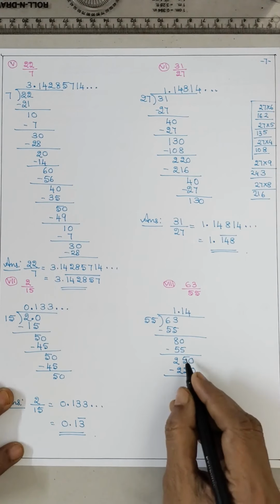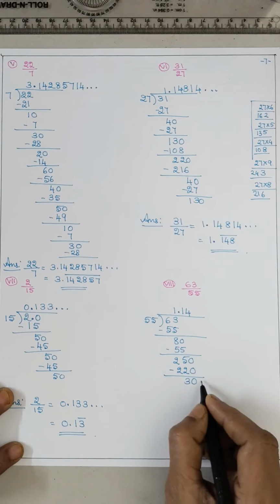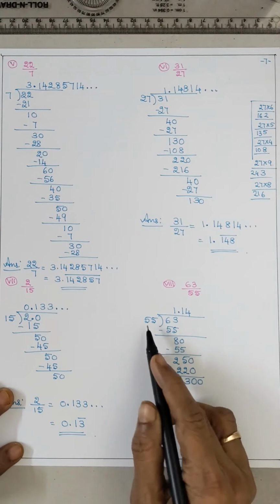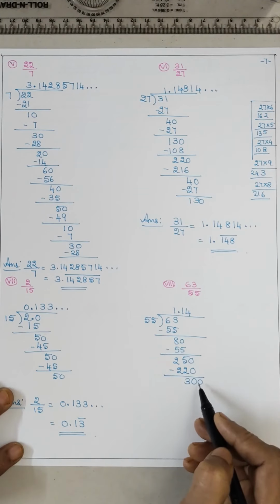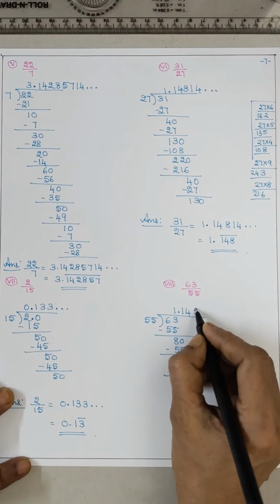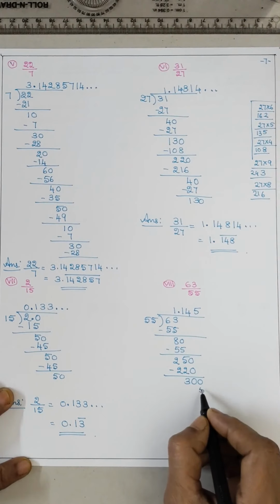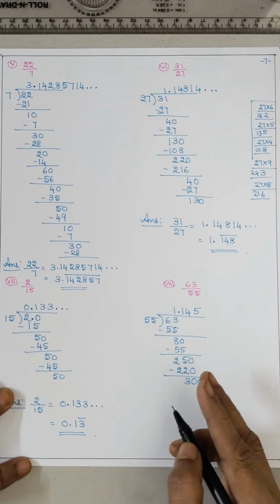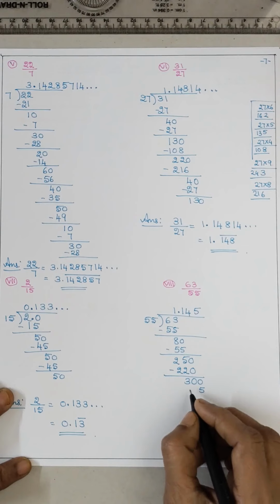Now 5 minus 2, 3, take an extra 0. 5 6 are 30, but you can't put 6, it will be bigger. Take 5. 5 5s are 25, 2 remains. 5 5s are 25, 27.